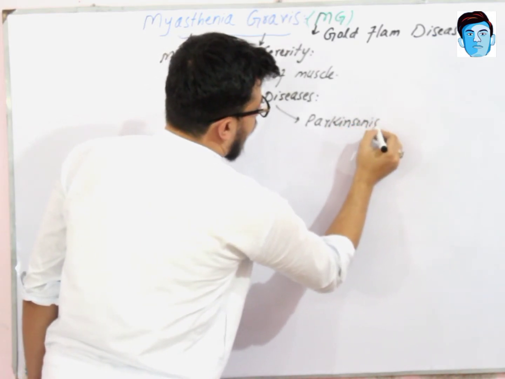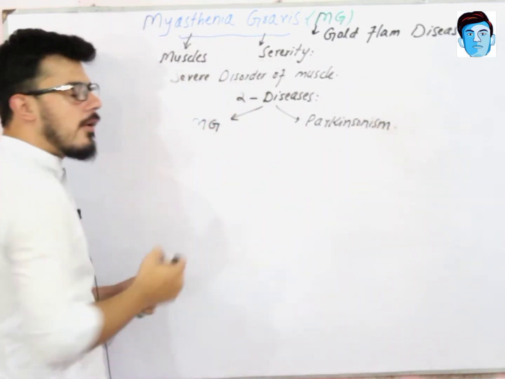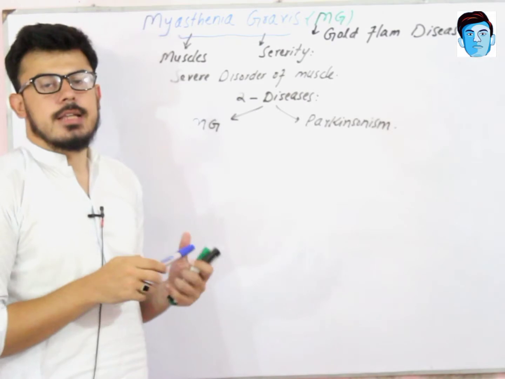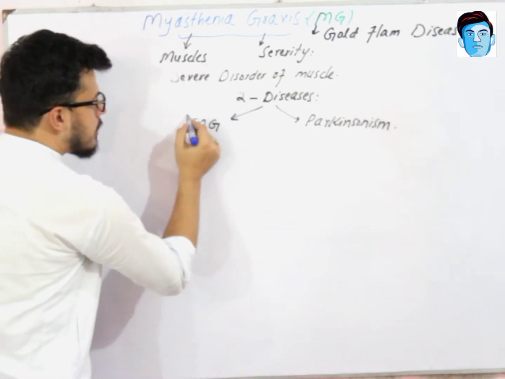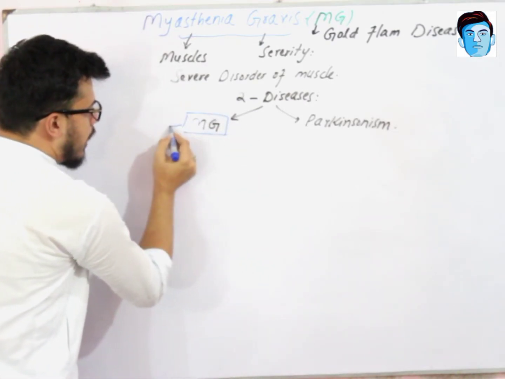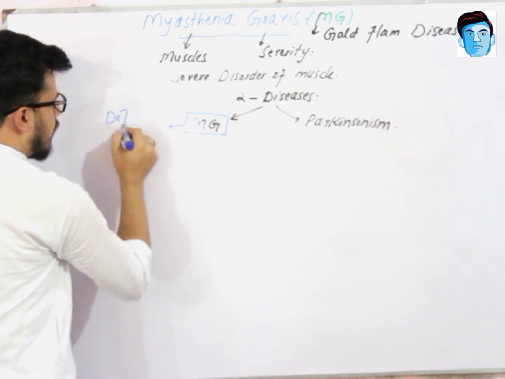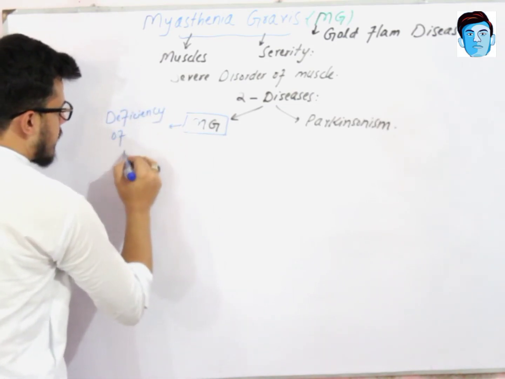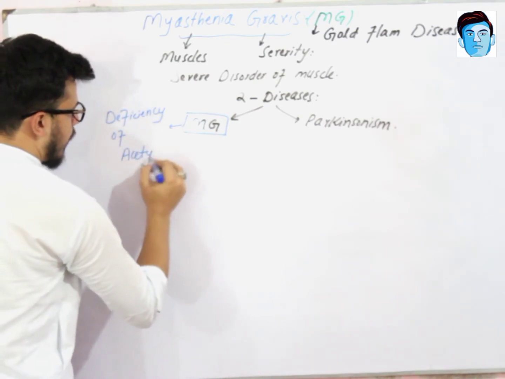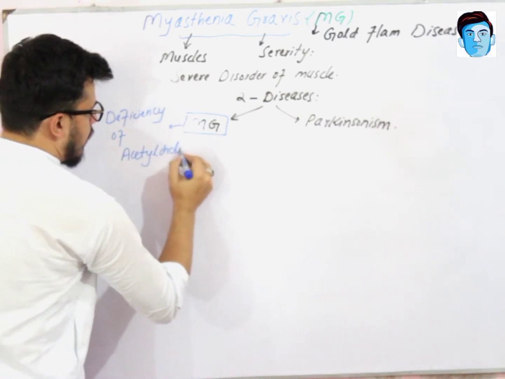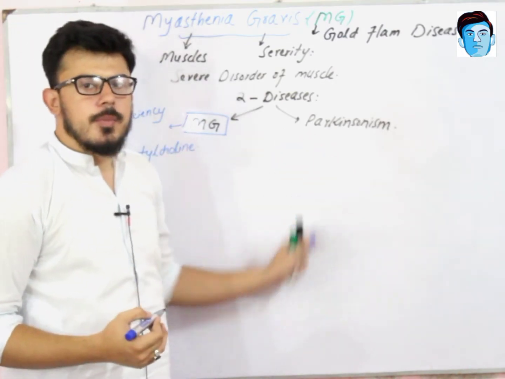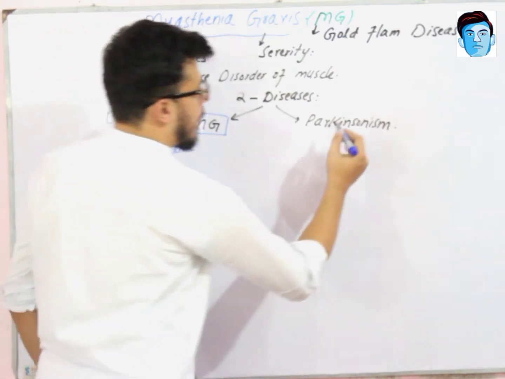Now, in Myasthenia Gravis, there is deficiency of which neurotransmitter? That is acetylcholine. While in case of Parkinsonism, there is deficiency of dopamine.